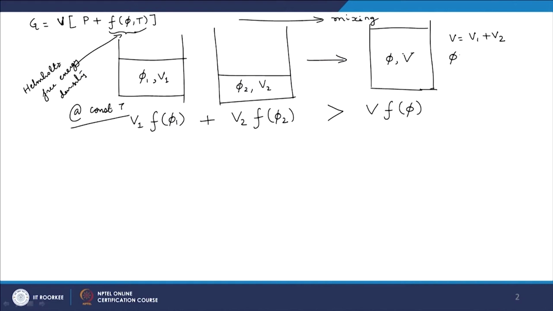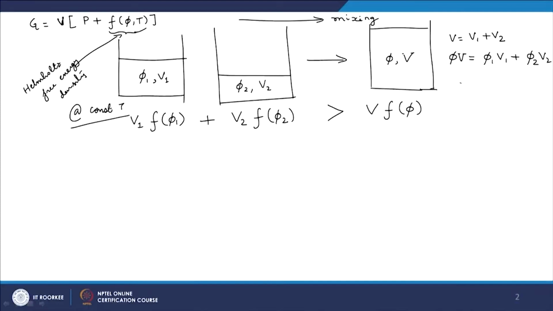What we can also do is find the final volume fraction in terms of the initial ones using the material balance over the solute. So we have two equations to solve for phi1 and phi2.